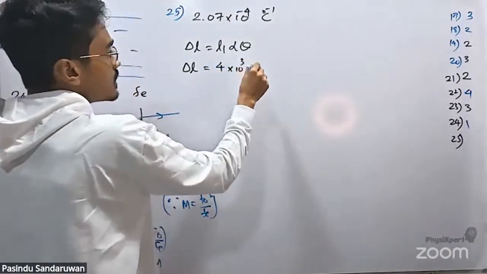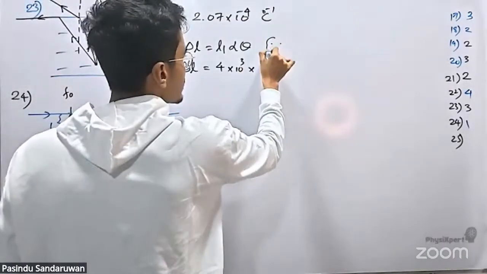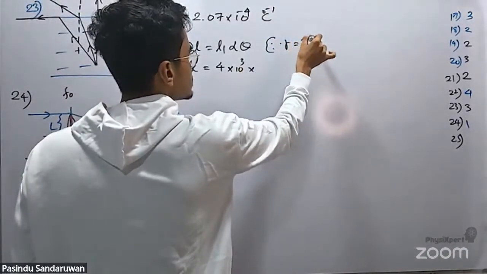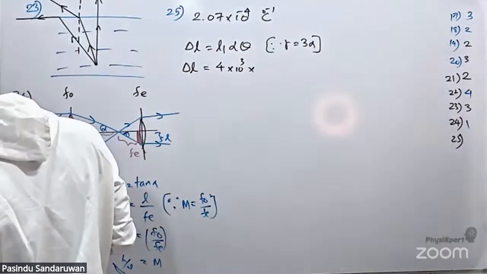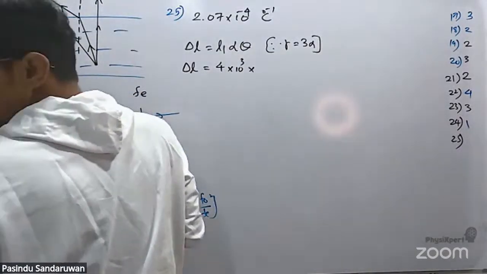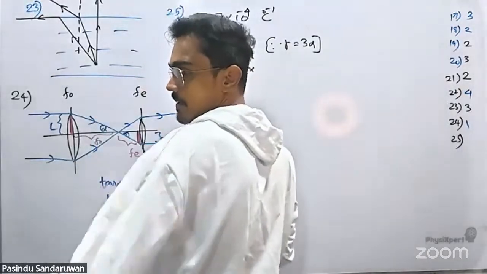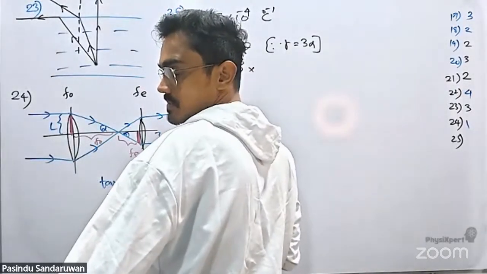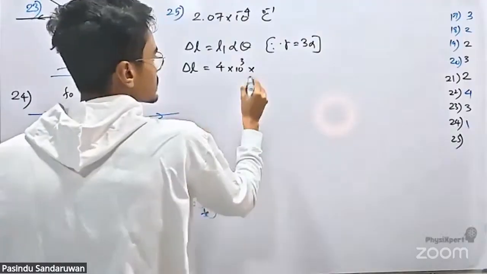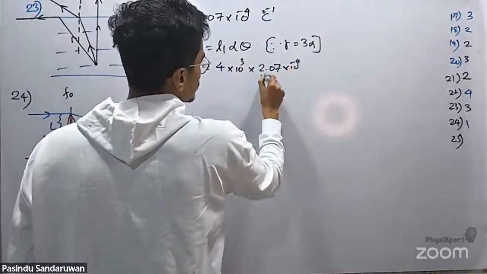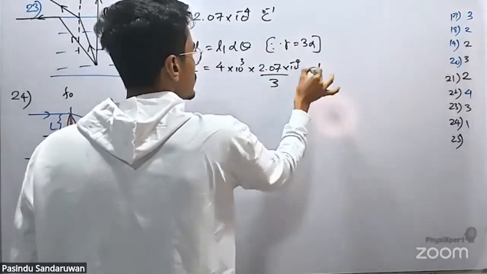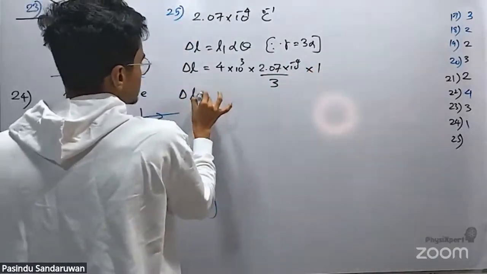And alpha, we know gamma equals 3 alpha. Then gamma is given, no? Volume expansion is 2.07 times 10 to the power minus 4, over 3. Theta is 1. Simplify this.